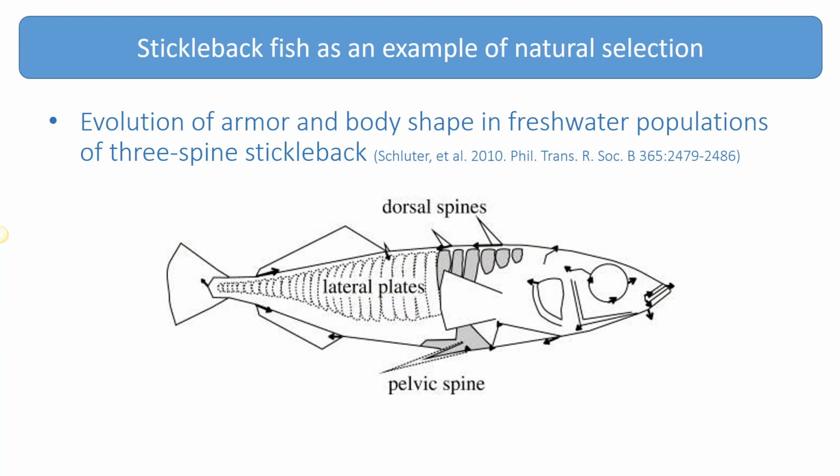A group of researchers led by Schluter compared body shape of 15 freshwater stickleback populations in 15 different lakes to 2 stickleback populations living in the ocean. The dark arrows indicate the direction of evolved differences between the freshwater populations and the ocean populations. The dotted lines indicate structures that are absent or greatly reduced in freshwater populations.